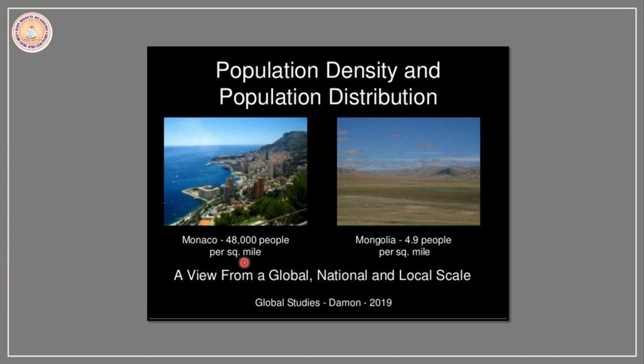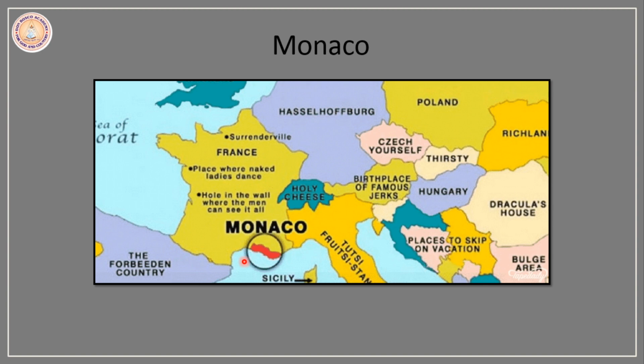Now, a small country may have a very high density of population. Look at Monaco, just to the south of France, and it is having a monarchy, a country where the king is the real ruler.